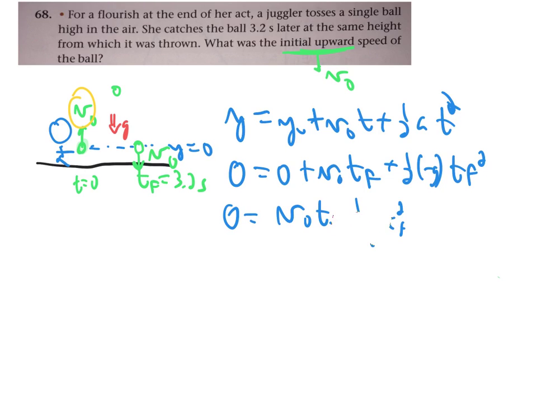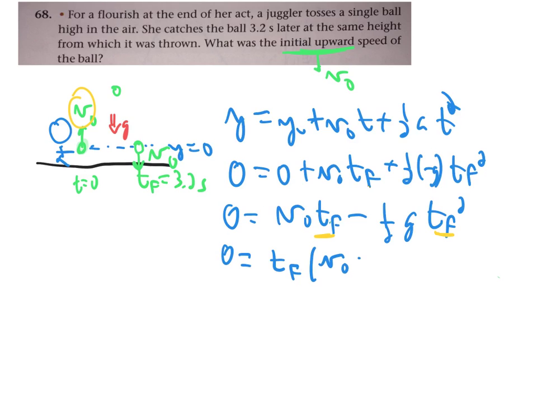Except that was terrible, so I'm going to rewrite it. v0 tf minus 1/2 g tf squared. And then I'm going to play a little bit of a trick algebraically, and I'm going to factor out the tf. Since it appears in both this term and this term, I'm going to pull it out, and I'll have a tf out here, and I'm left with v0 there and minus 1/2 g tf.